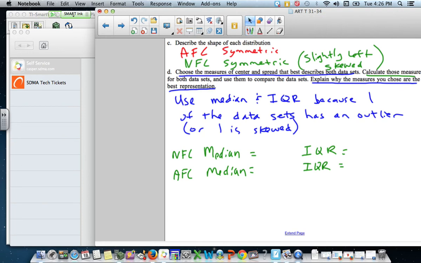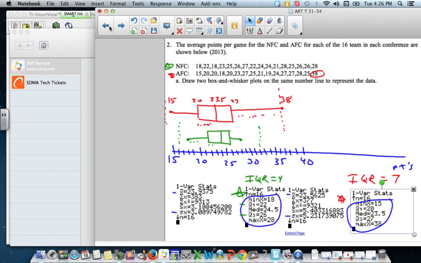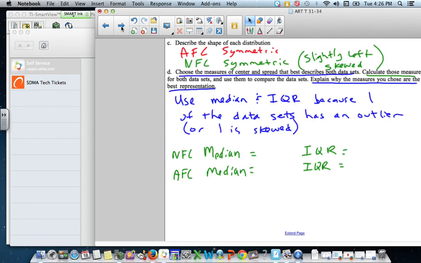So I can look back on what I did on my calculator, and I can see the median is 24.5 here and 23.5 there. So the NFC has a median of 24.5 with an interquartile range of 4. The AFC has a median of 23.5 with an interquartile range of 7.